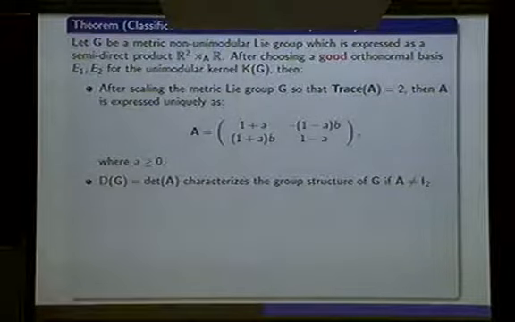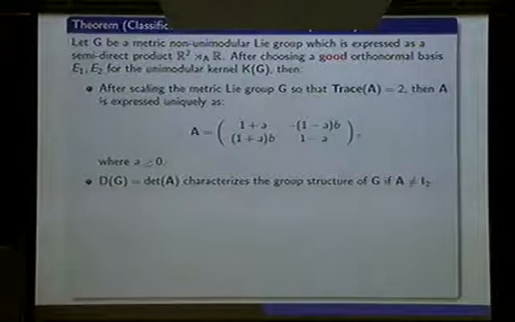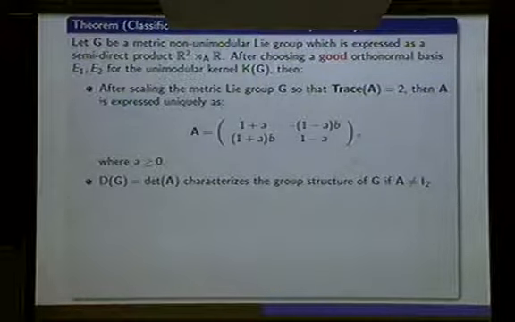Remember, if you get the identity matrix, then we're in a very special case, hyperbolic 3-space. So except for D of G equal 1, this is a complete determinant of the group structure. The determinant of the identity matrix certainly is 1, but if you don't have the identity matrix, then you get this other group.